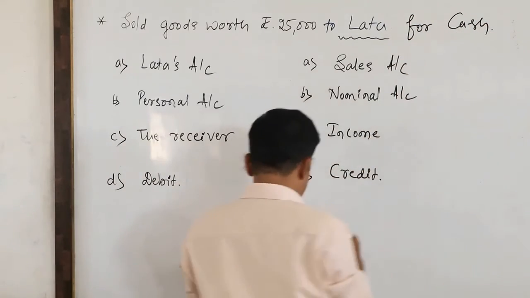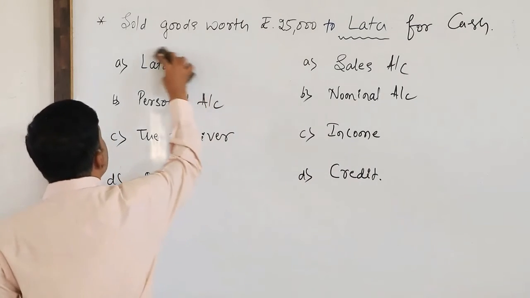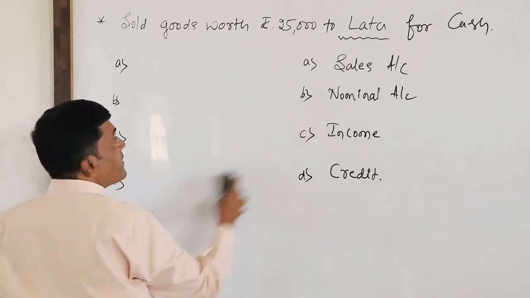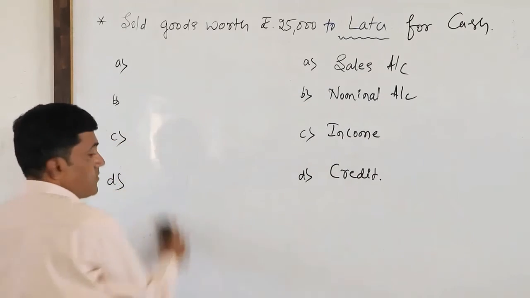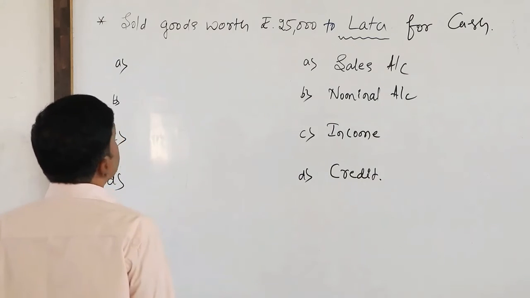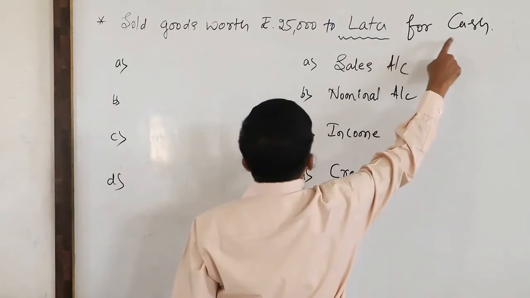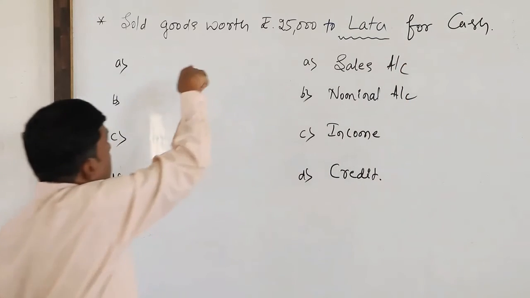In this sentence, dear students, look here. What is the addition in this sentence? Only this one: for cash. They are mentioned as cash sales.